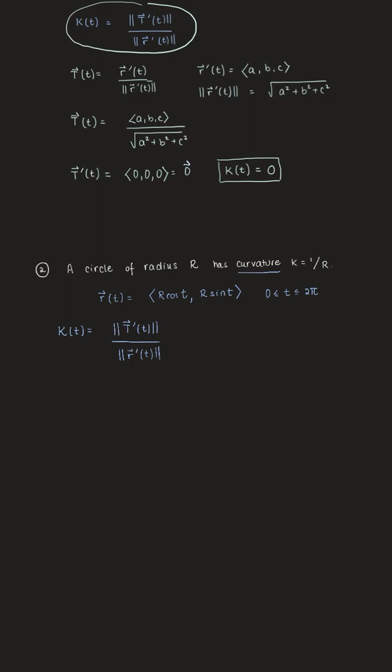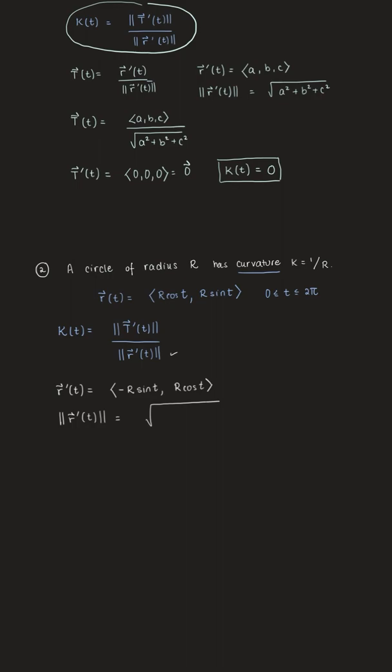Our derivative of our vector function is going to be negative r sine t and r cosine t. Those are the components. And I need the magnitude of this vector for the denominator of curvature, so let's go ahead and do it.